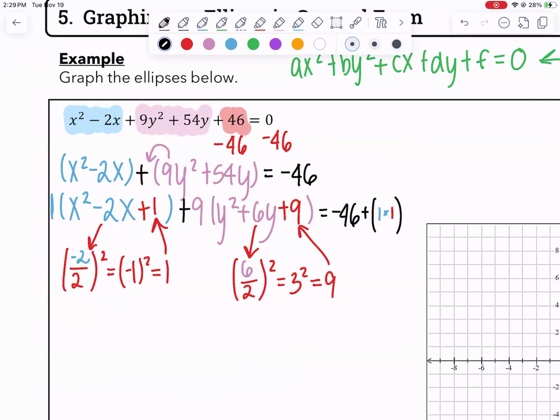These numbers don't always come out to be the same set of numbers, by the way, it just so happened this time. So over on this side, what you end up adding is negative 46 plus 1 plus 81. And if all is right and just in the world, that should come out to 36? I think so. Yeah, 36.